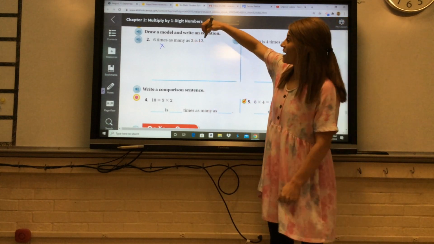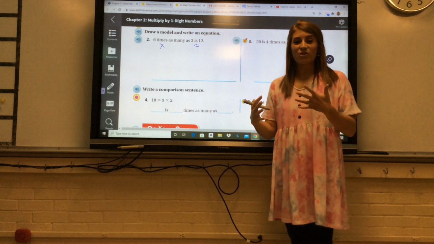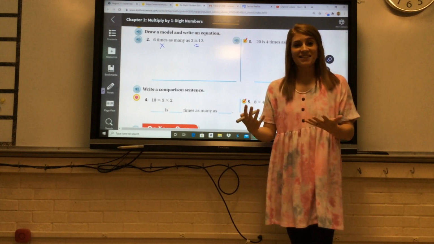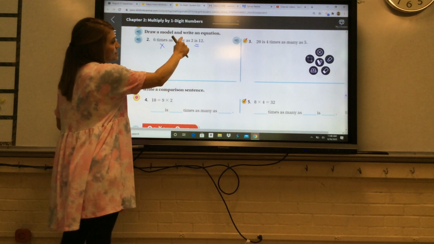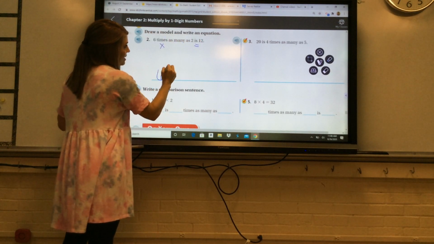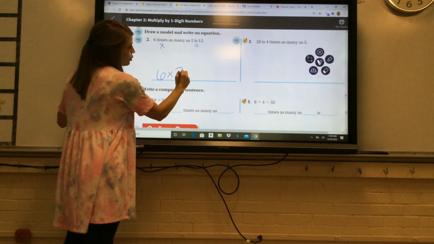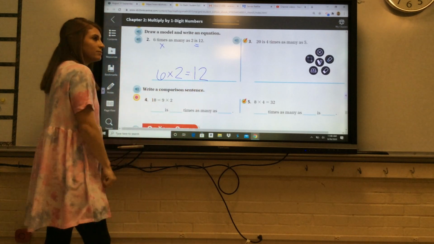Right, an equal sign. And remember what I said? As soon as we get those signs in place, we just put our numbers in that same order they are in the sentence. So I can say 6 times as many as 2 is 12. I can say 6 times as many as 2 is or equals 12.